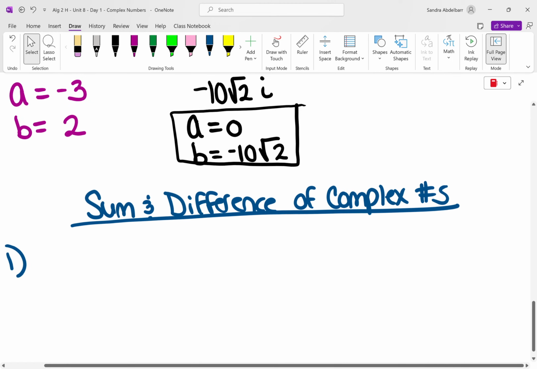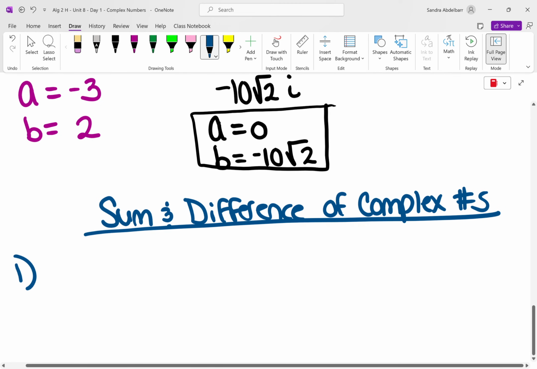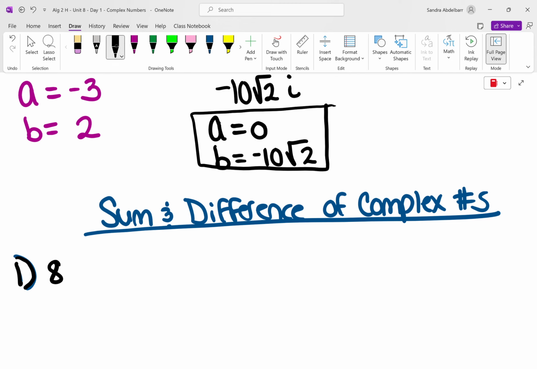If I have 8 minus 9i plus 6 minus 4i, we treat i like a variable.